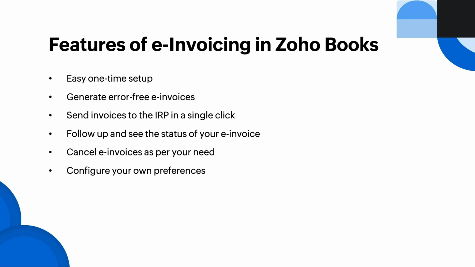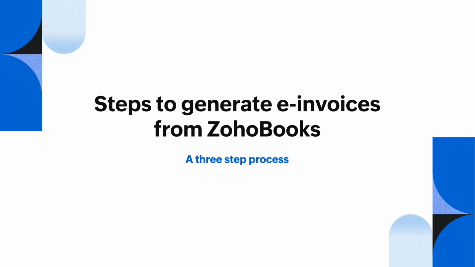And let's say you have made some mistakes in your invoices, obviously you have the option of cancelling the invoices. And for recurring invoices also, you can automatically set preferences to push automatically to the portal. So e-invoicing in Zoho Books is a straightforward and convenient process.